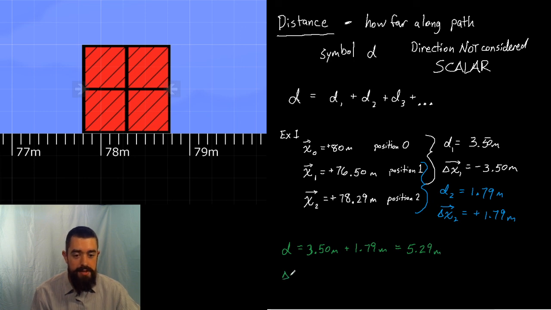Okay. The displacement, consider this the direction. So the displacement over this entire time, from time 0 to time 2, would be negative 3.50 meters plus positive 1.79 meters.